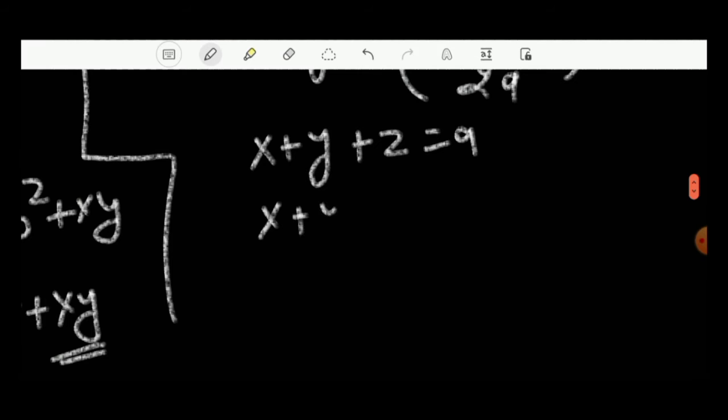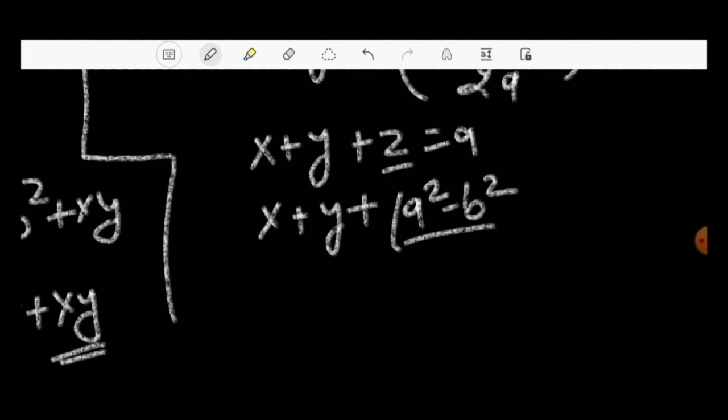So we can say x plus y plus, we can substitute the value of z, which is a square minus b square divided by 2a, is equal to a.